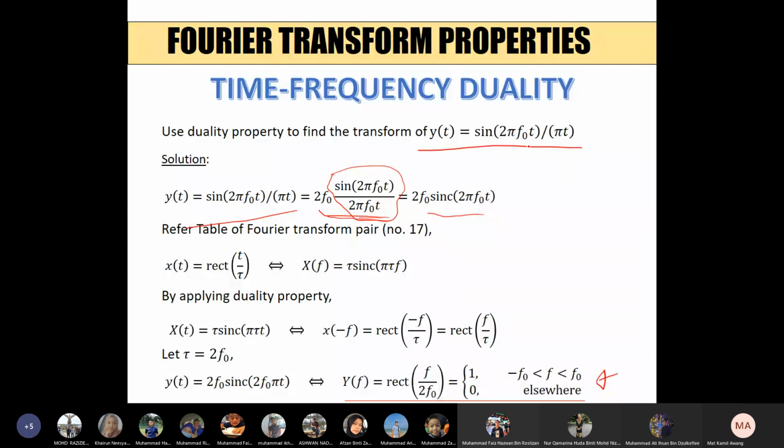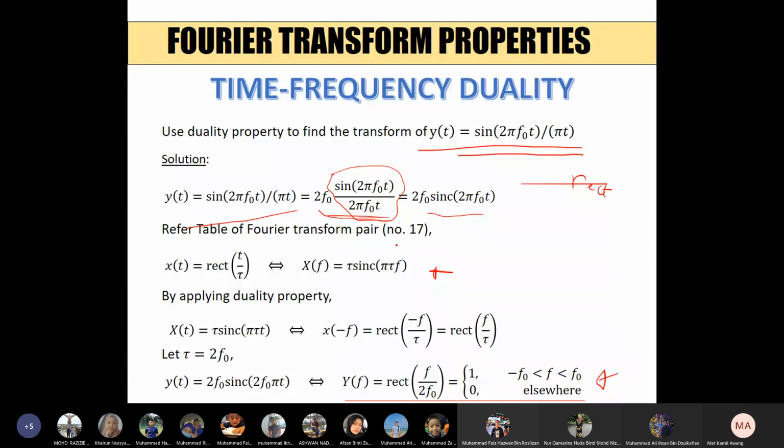Basically what it says is that a sinc function in time domain transforms into a rectangular in the frequency domain, and a rectangular in time domain transforms into a sinc function in the frequency domain.